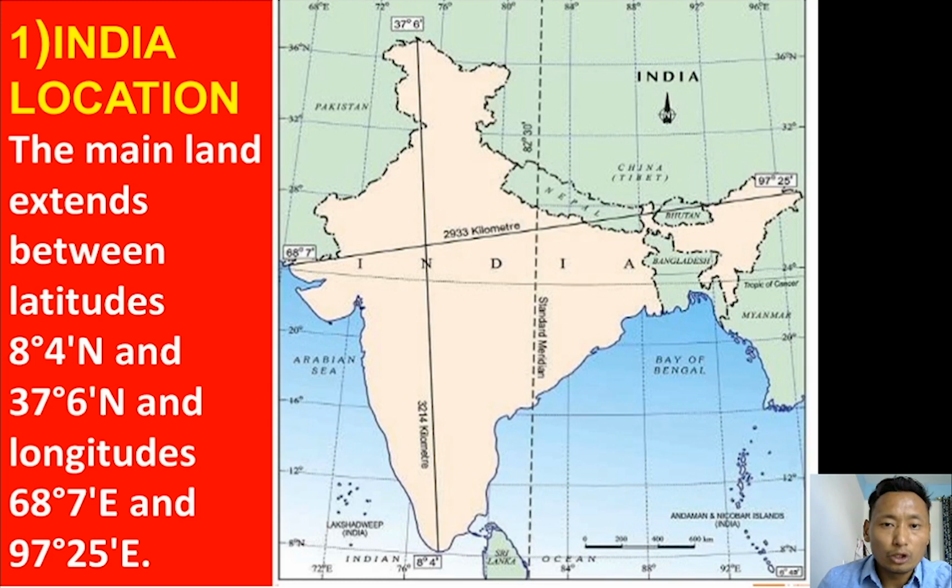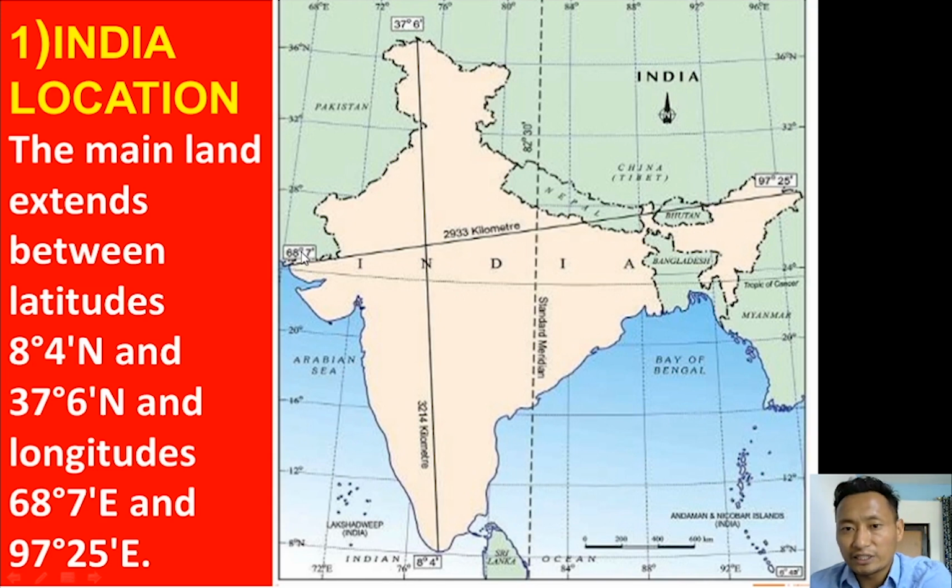If we talk about the longitudinal extent of India, India lies from 68 degree 7 minute east. Why east? Again, India lies at the east of the prime meridian or Greenwich meridian, which is 0 longitude.